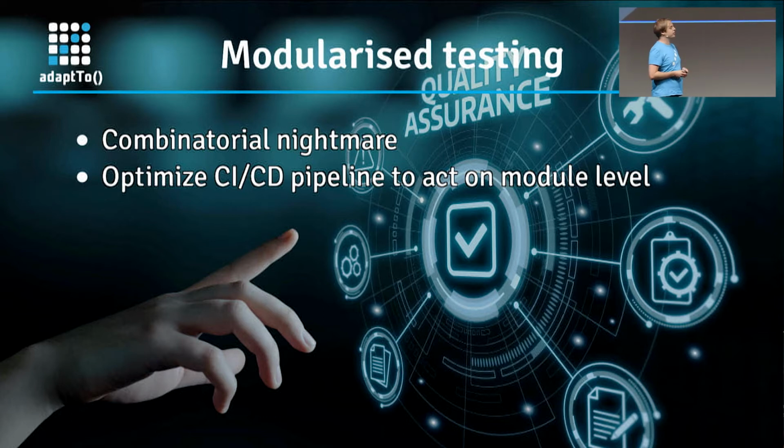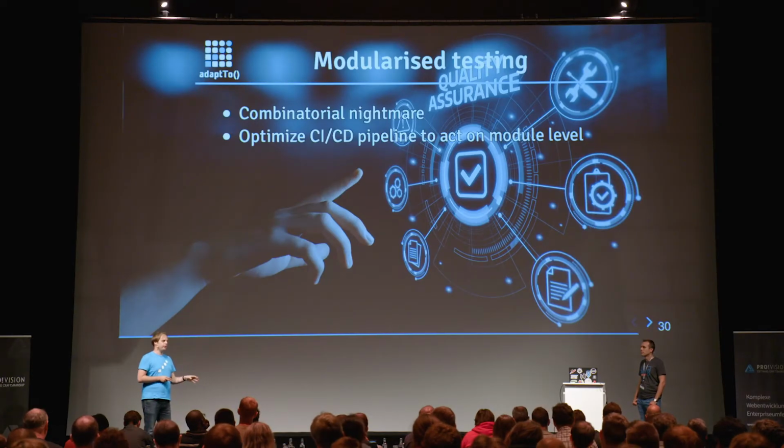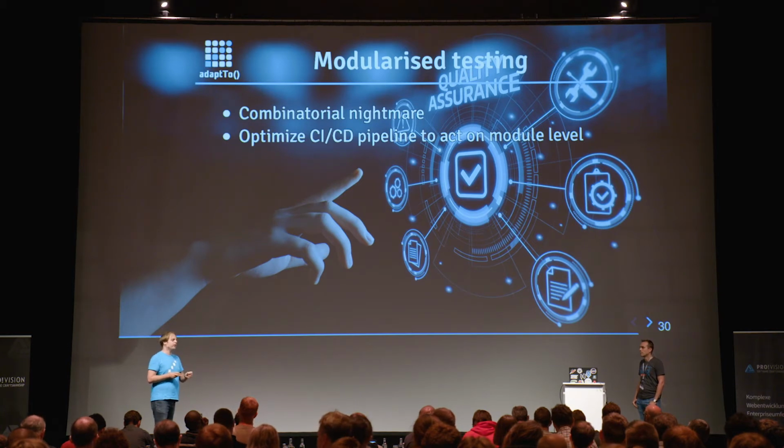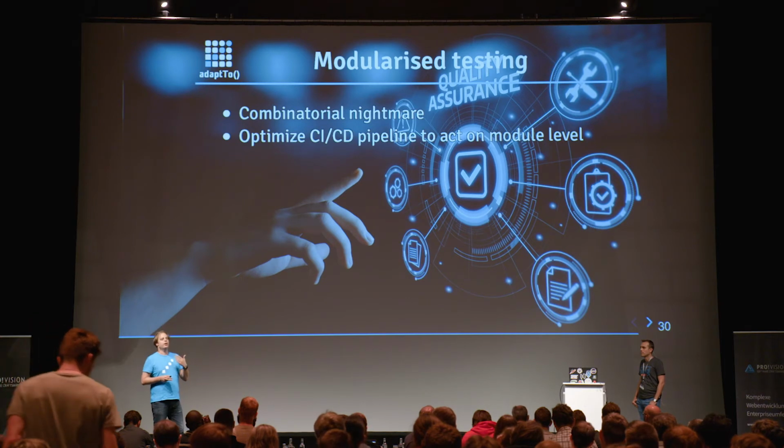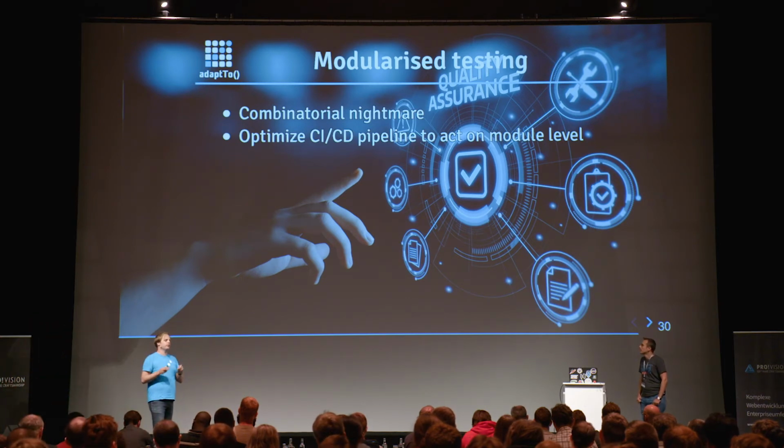And this can be a combinatorial nightmare. But face it, with all the modules, bundles and services that we have in there, you have tons and tons of configurations. Those hundreds to thousands of configurations already create this kind of combinatorial nightmare, and the absence of a module is just adding one other set of configuration to it.